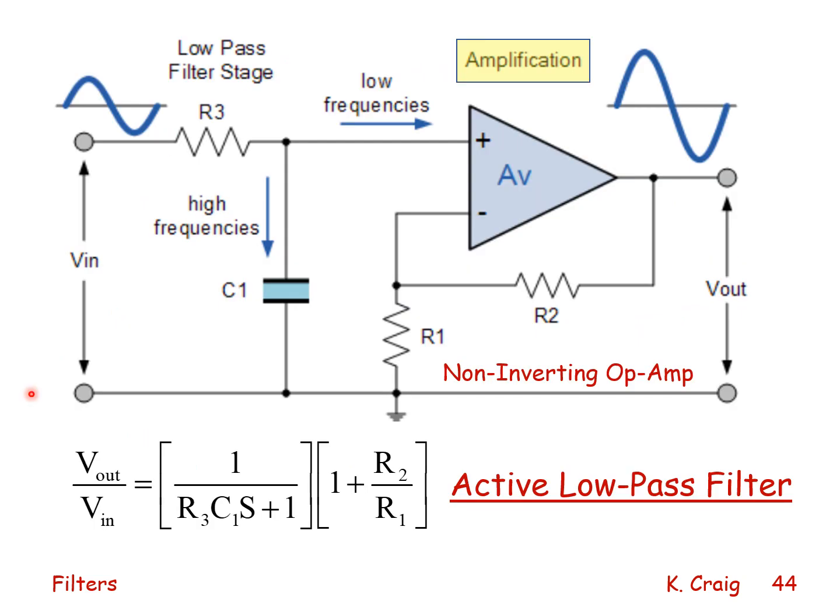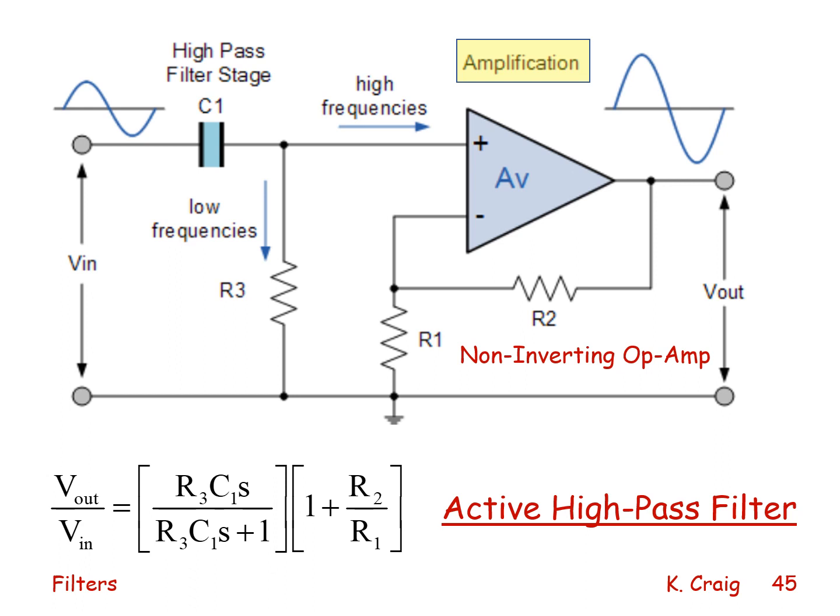I can create active low-pass filters with amplification by taking my passive RC low-pass filter and adding an amplification stage with a non-inverting op amp that has a gain of 1 plus R2 over R1.